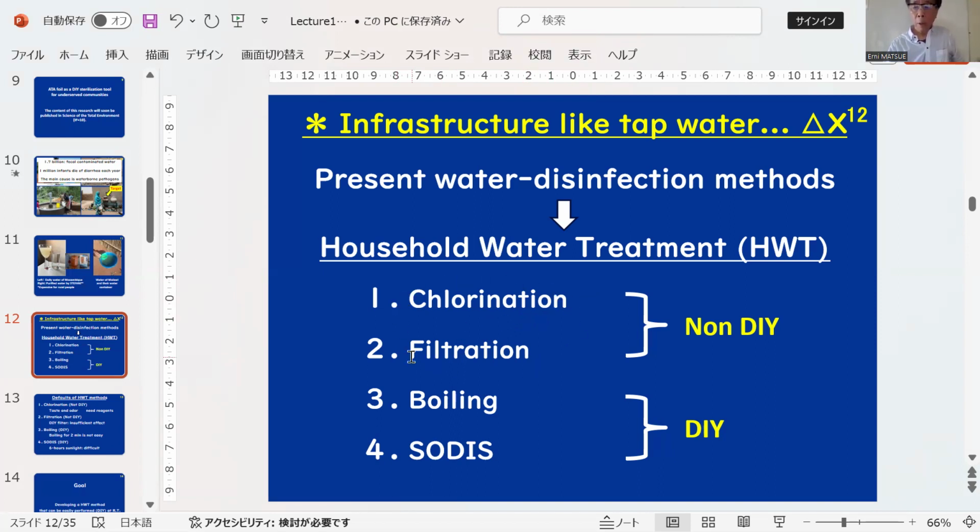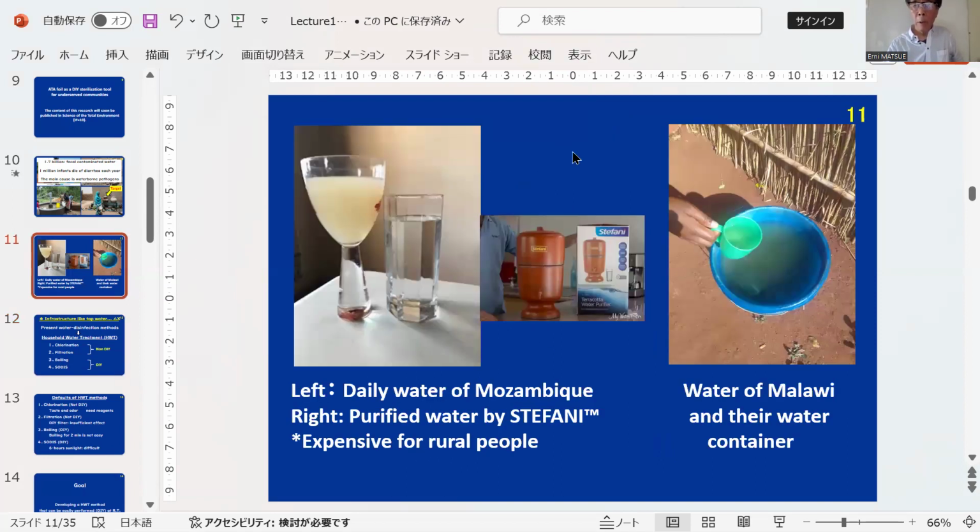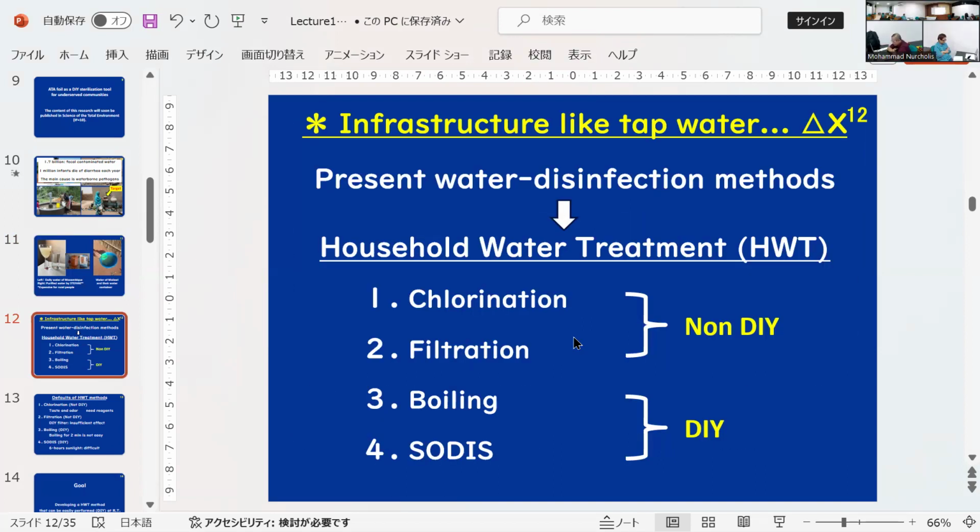And filtration needs a machine. But boiling, everybody can do. And everybody can do solar disinfection without special material. So then I classified them into DIY and non-DIY.